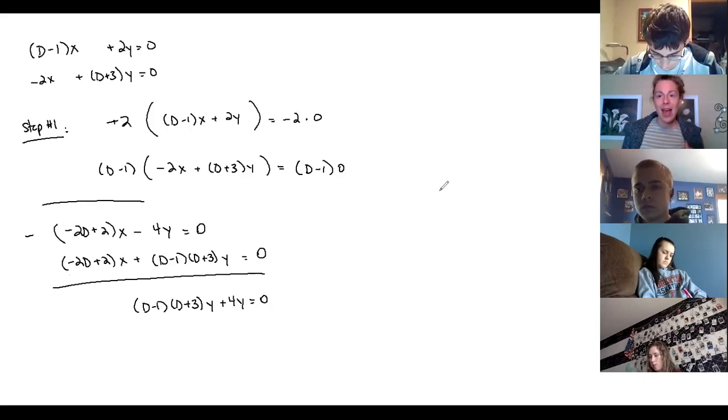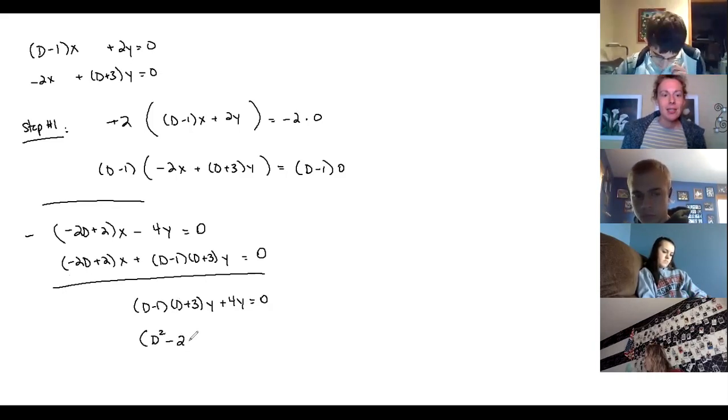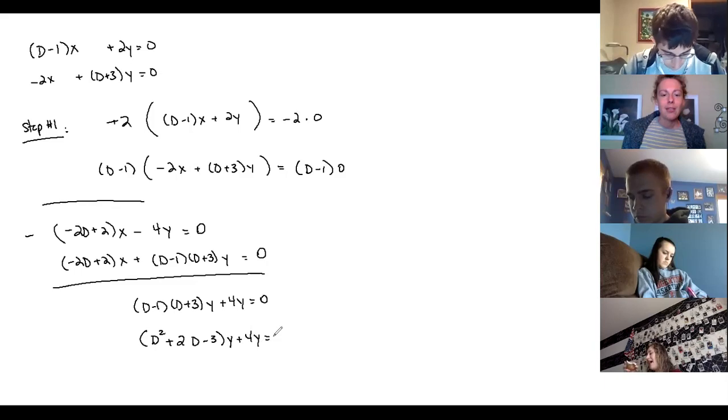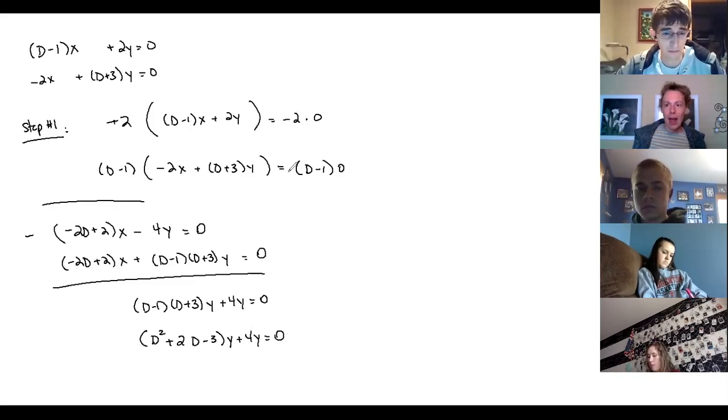Okay, some more magic. Here we go. Again, I'm cheating, but we can FOIL. So we can do D squared plus 2D minus 3 times y plus 4y equals 0. Not exactly legal, but close-ish. D squared plus 2D minus 3 plus 4y equals 0.